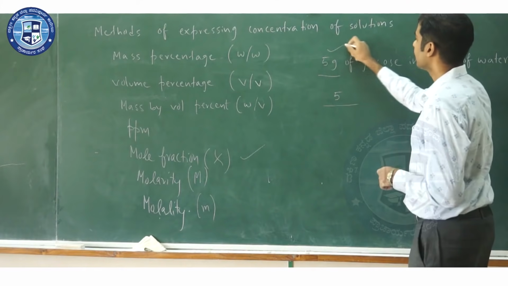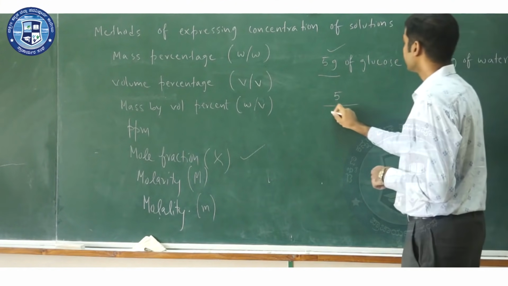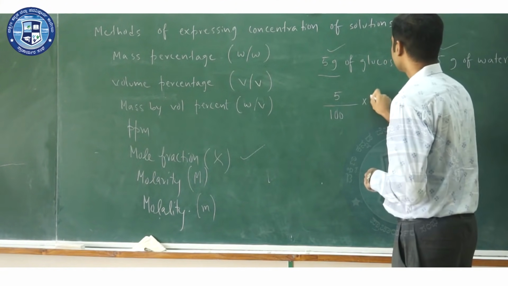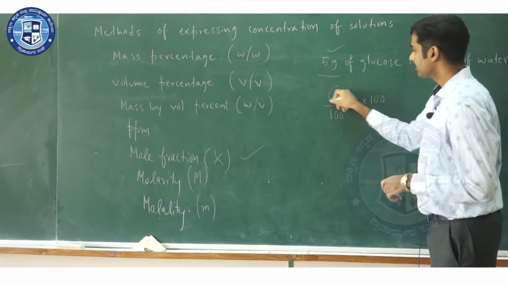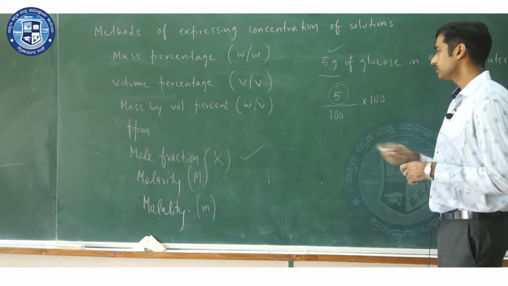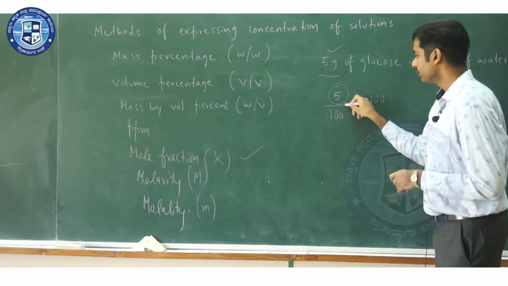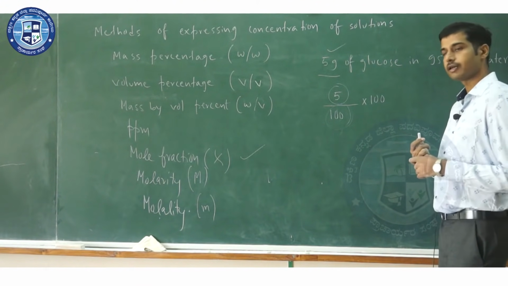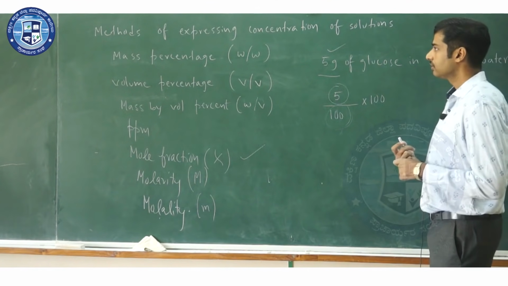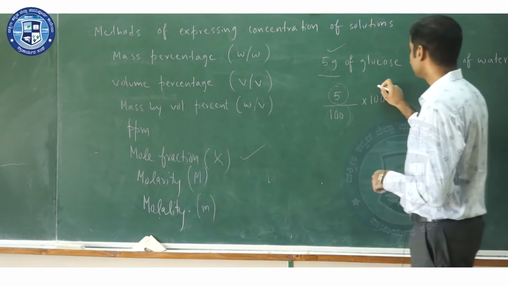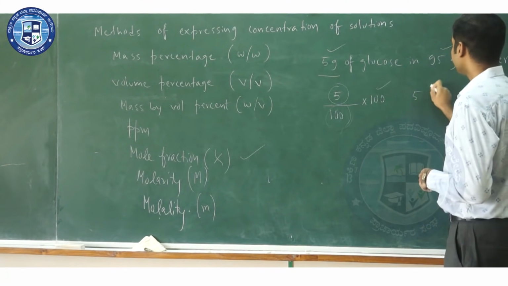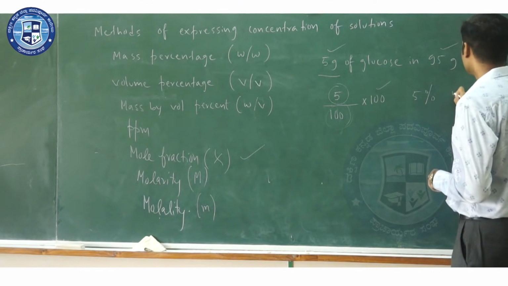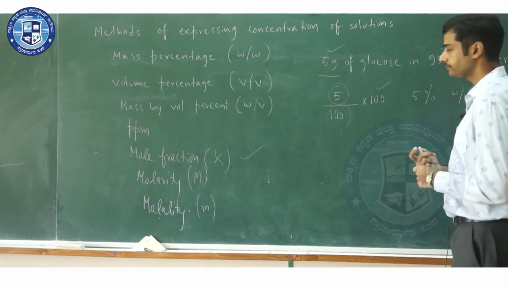I find that the total mass is 5 plus 95, which is 100, and I multiply this by 100. So the solute is expressed in grams, the solution also is expressed in grams, and hence you have got mass percentage. Out of 100 we count this, and you will get a 5% solution of glucose by mass.